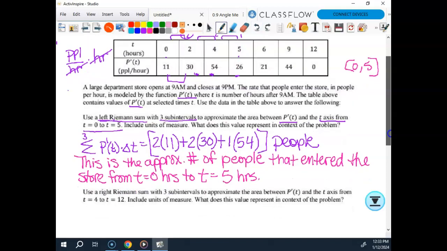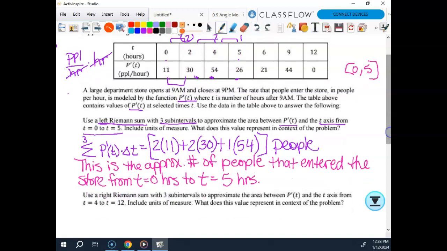Okay. So let's read this second part here. It says use a right Riemann sum with 3 subintervals to approximate the area between p prime of t and the t-axis from t equals 4 to 12.